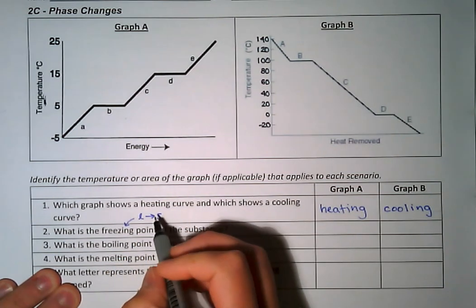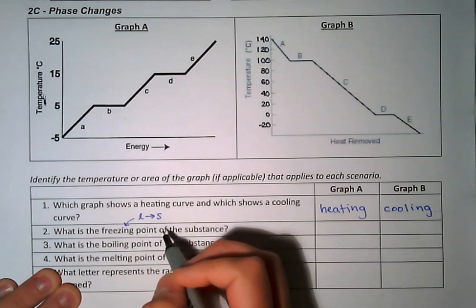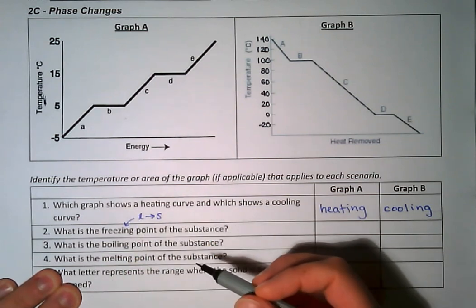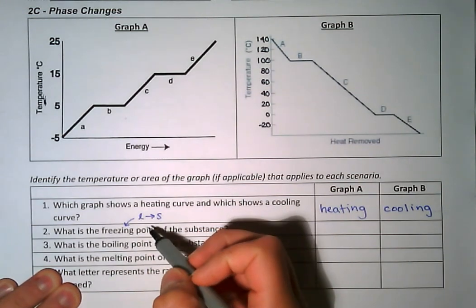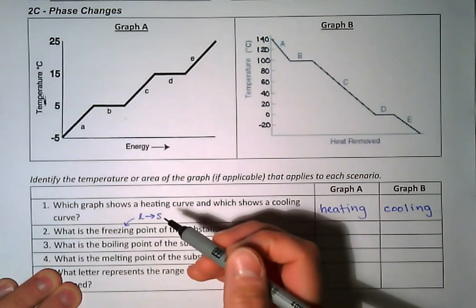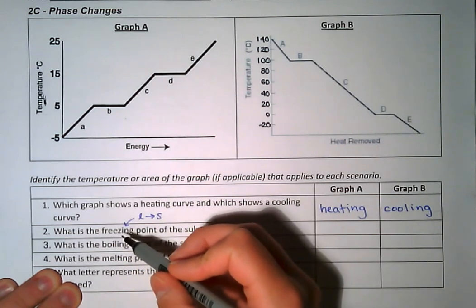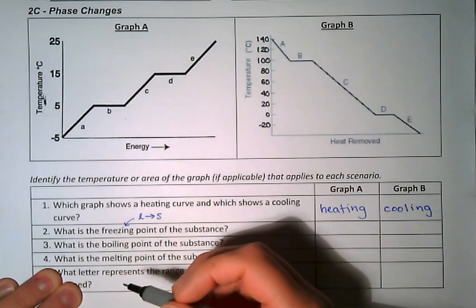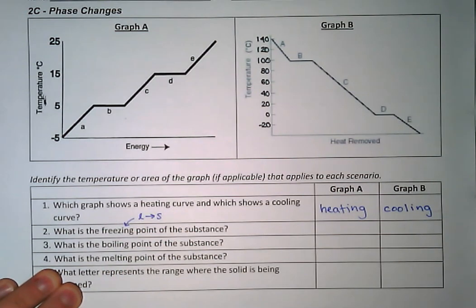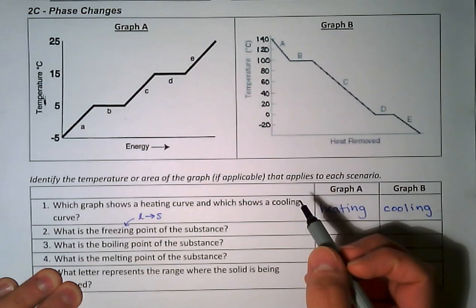The transition between liquid to solid and solid to liquid is at the same temperature regardless of what direction you're going. When we're going from liquid to solid, that would be when something is cooling down, and so it is freezing. But when we go from solid to liquid, we call that melting, or fusion is another word for it.